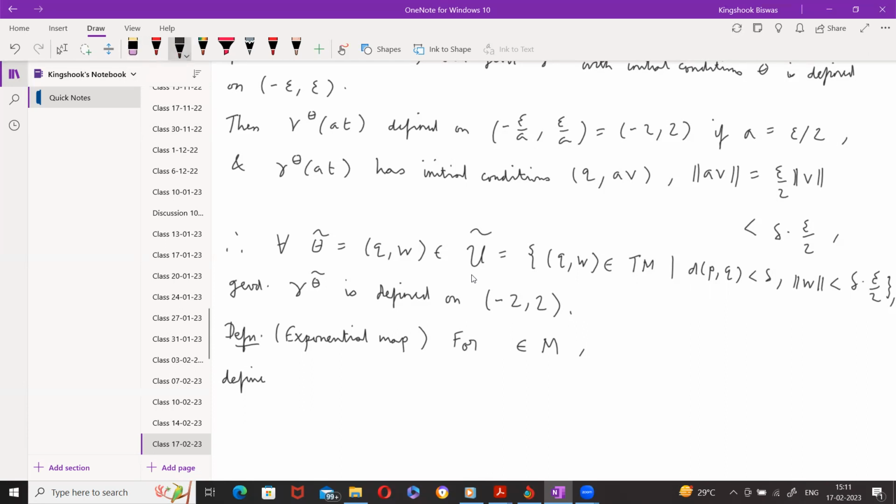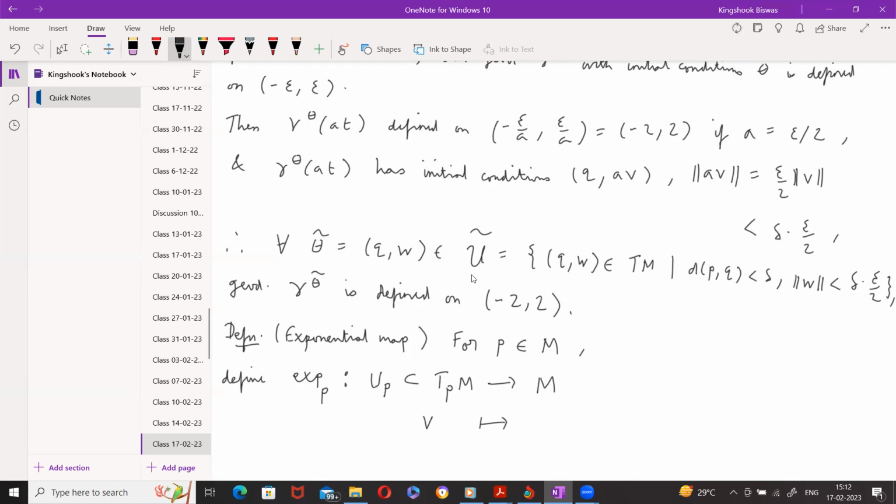So for P in M, define the exponential map X sub P. So this goes from a subset UP in the tangent space into M. So V maps to. So I have V as a vector in TPM. I take the element of the tangent bundle P comma V.